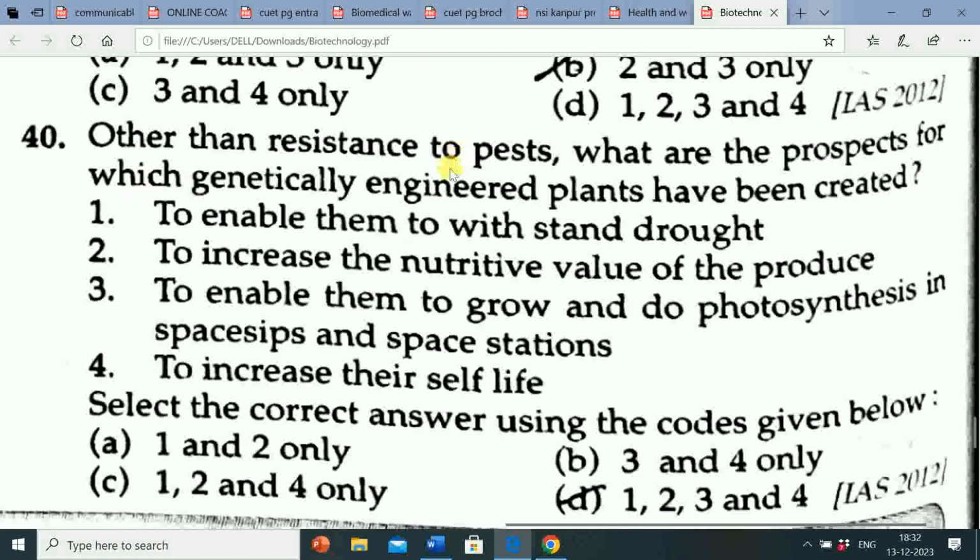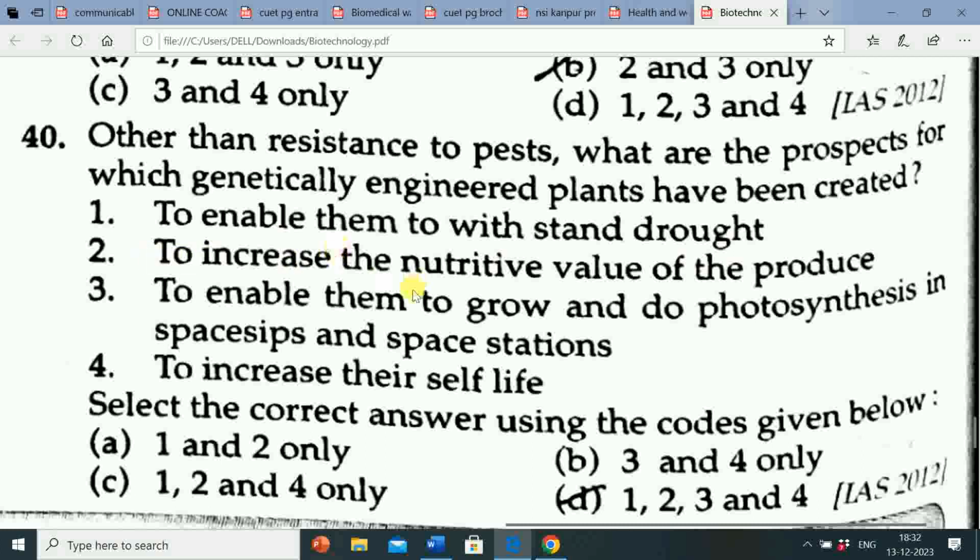Next question is, other than resistance to pests, what are the prospects for which genetically engineered plants have been created? First statement, to enable them to withstand drought.